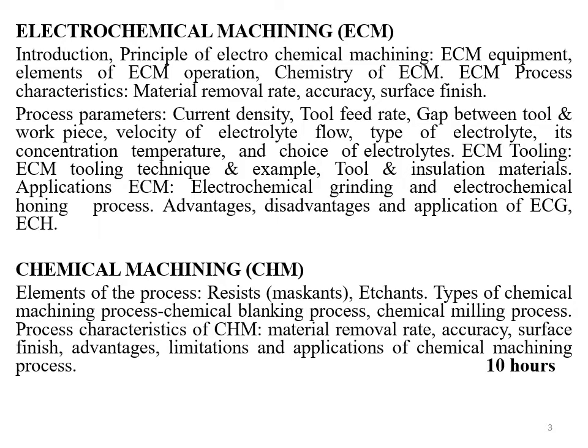electrochemical machining equipment, elements of electrochemical machining operations, the chemistry of the ECM process, and process characteristics like material removal rate, accuracy and surface finish, and current density.